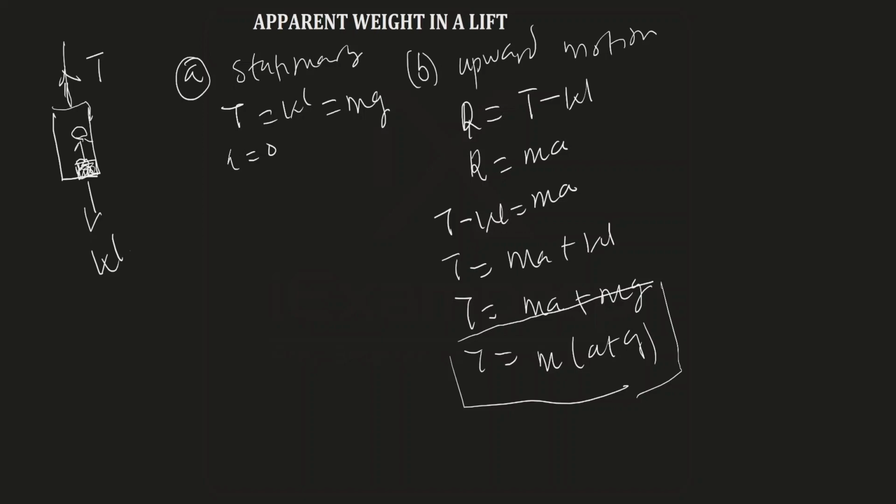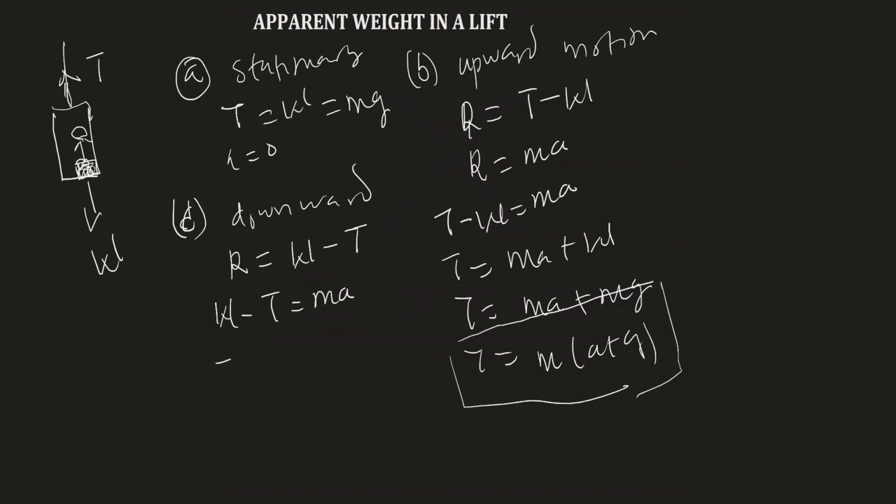Now let's see downward motion. So what if the lift is coming downward? Right, for downward motion, the resultant of the 2 forces that we have, the upward force and the downward force, is going to be equal to weight minus tension. Because when you are coming downward, it means that the weight is greater than the tension in the rope. So it's going to be weight minus tension. That means weight minus tension must be equal to ma, according to Newton's second law.